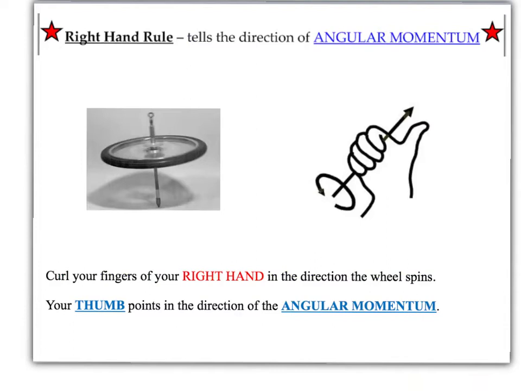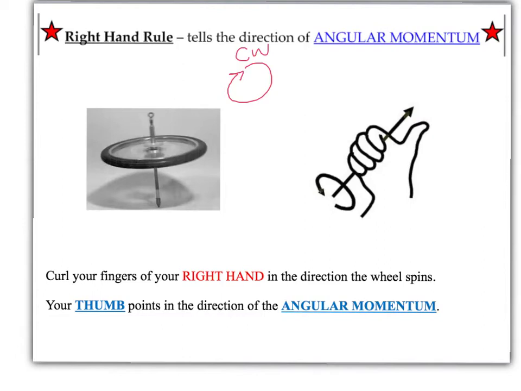Fortunately, on a test, because we're limited by the 2 dimensions of the paper, I can only ask you 2 versions. So on your test, I'll say something spins clockwise. So if you were to draw that on your paper and you drew a clockwise circle, curl your fingers. Does your thumb point into the page or come out of the page?